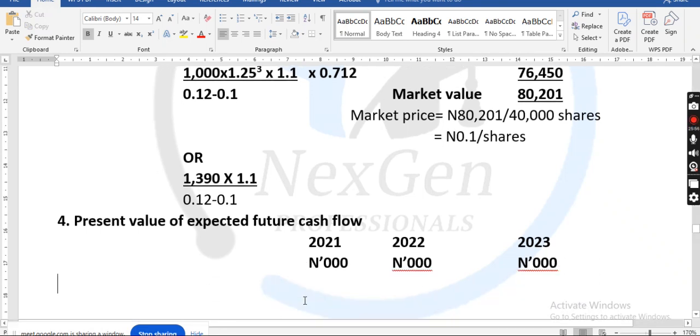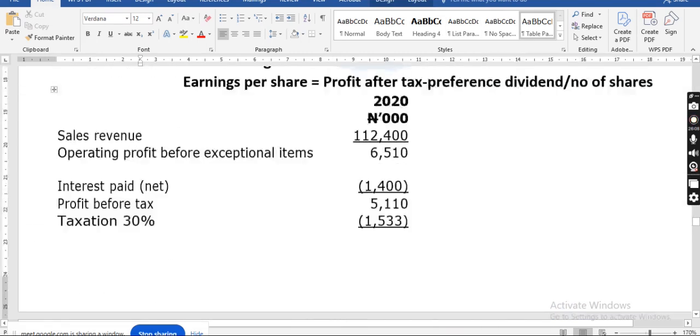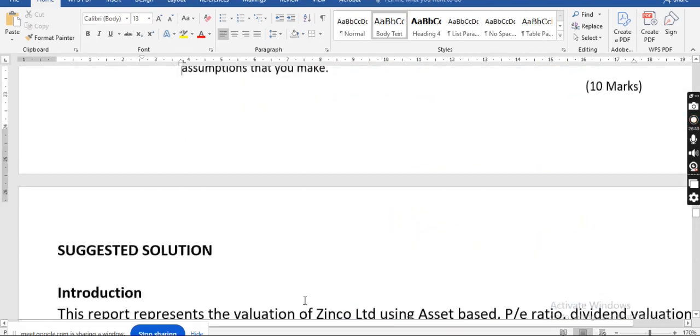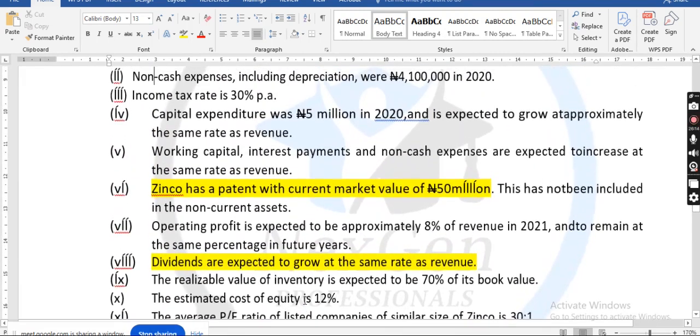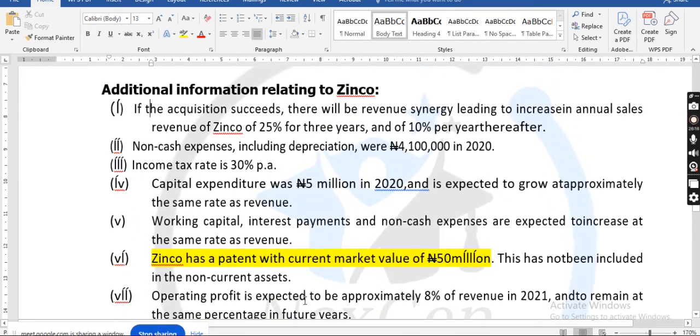The first thing is we're told that our sales revenue will increase. Don't forget, from the income statement, let me quickly check. If the acquisition succeeds, there will be revenue synergy.